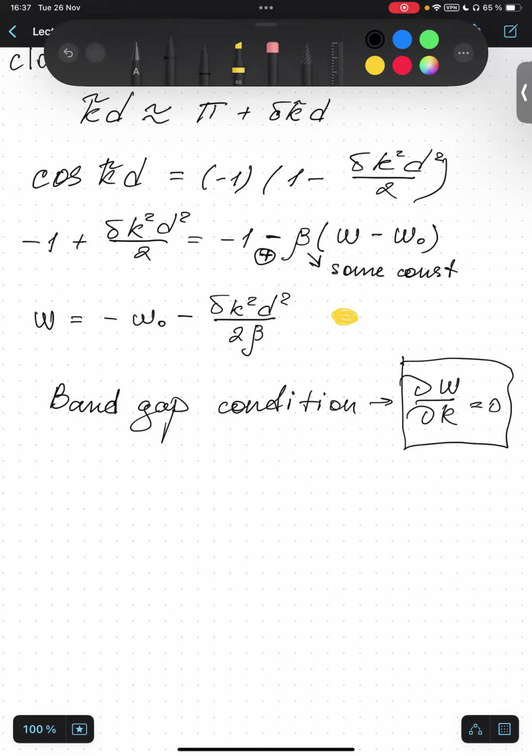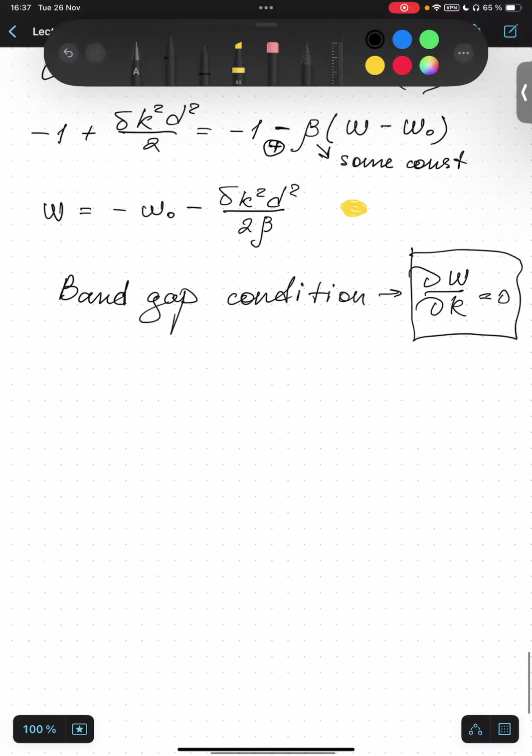But now let's analyze the same equation, our dispersion equation that we took the derivative of. Someone asked about the signs.